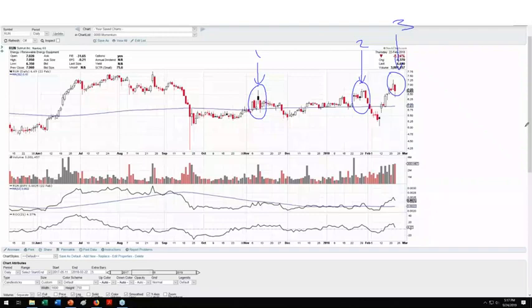If we're looking at analog bars, we're probably looking at this bar right here, and this bar. Why? Because there are a lot of similarities there. Same price level, same volume spike, and the same spread signature, right?